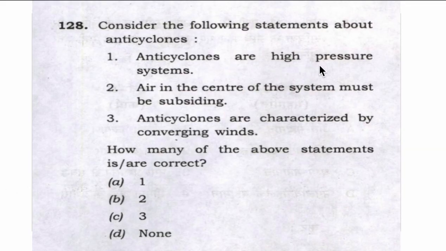Anticyclones are high pressure systems. The first statement is correct. Second statement, air in the center of the system must be sinking or subsiding, so the second statement is also correct. Anticyclones are characterized by converging winds. No, it is diverging winds. So statements 1 and 2 are correct. Option D, none, since the option of 1 and 2 is not given, so D is the correct answer.